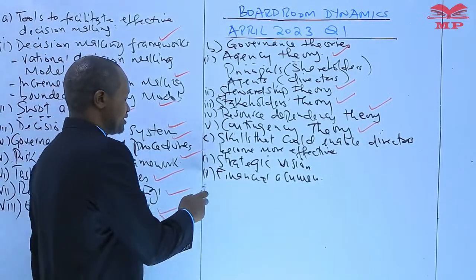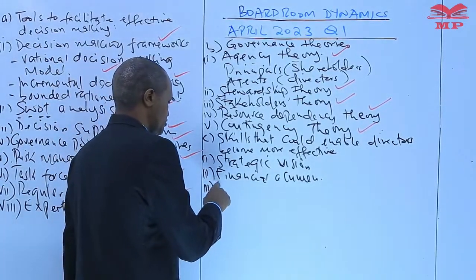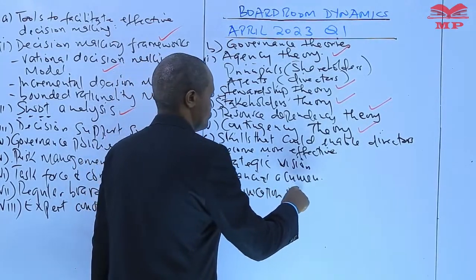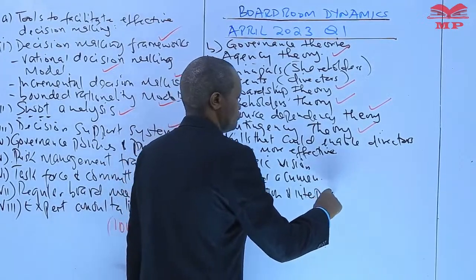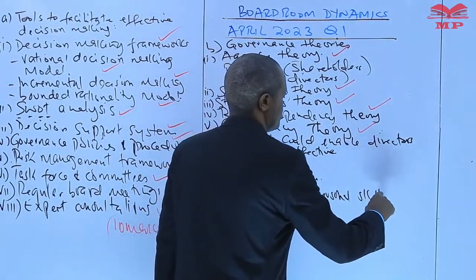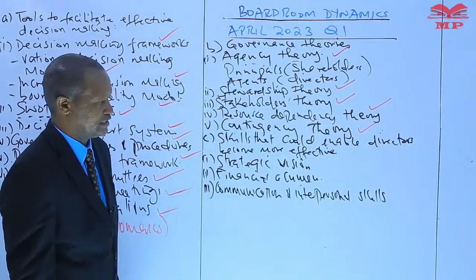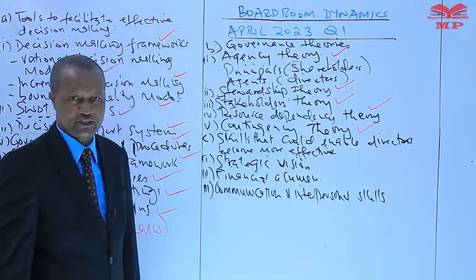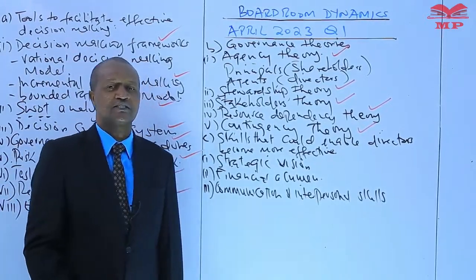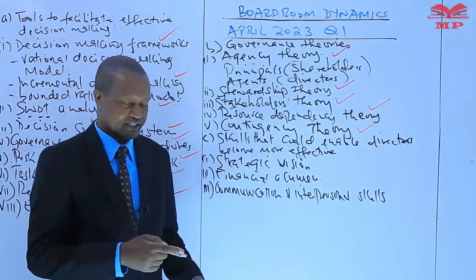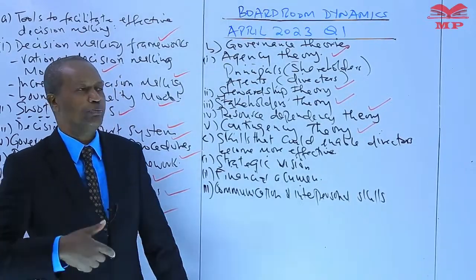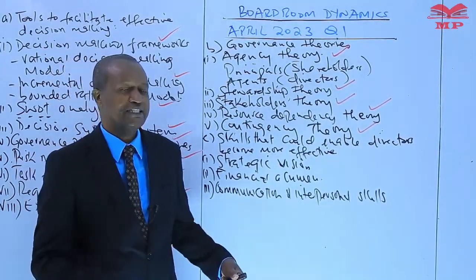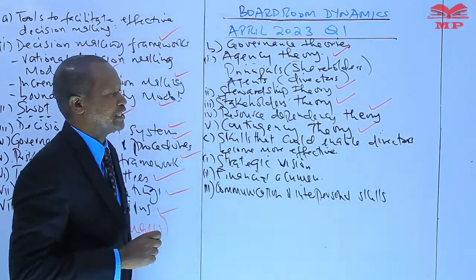Communication and interpersonal skills, number 3. Communication is a skill that directors need to possess. Effective directors should be able to communicate their ideas, their concerns, and their decisions clearly to the entire organization.